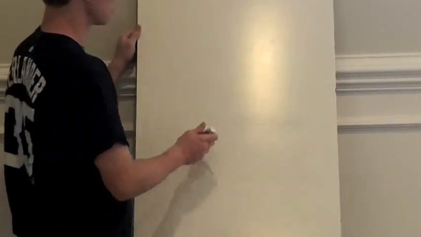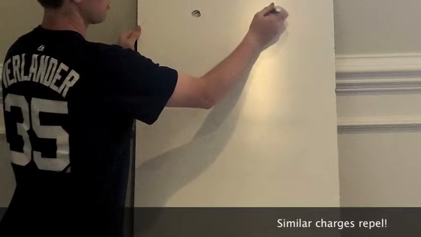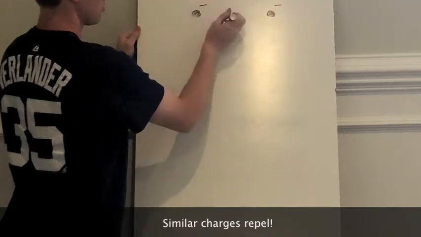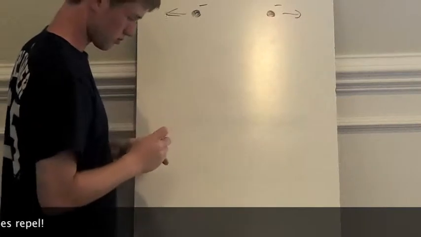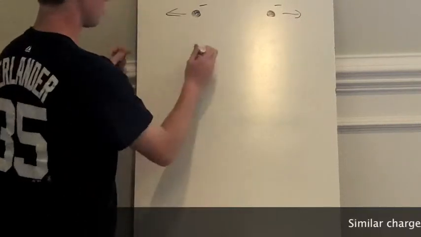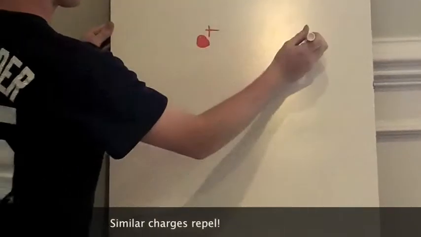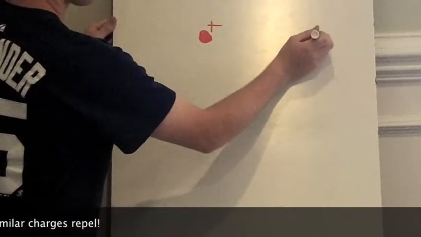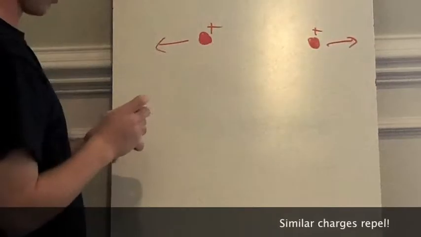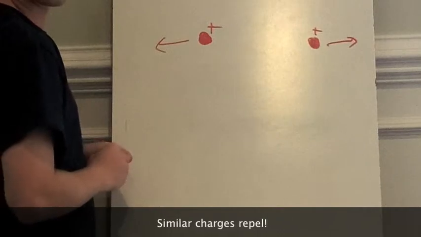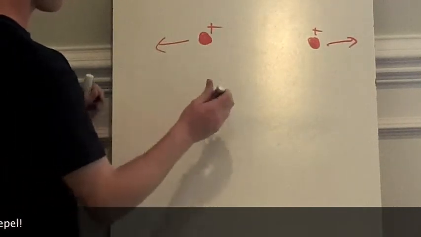Electrons will repel from other electrons. And protons will repel from other protons. However, electrons are attracted to protons due to the opposite charges.